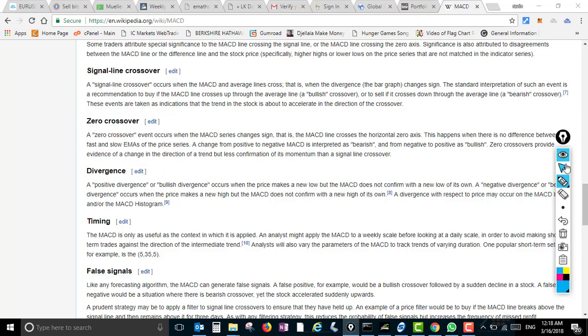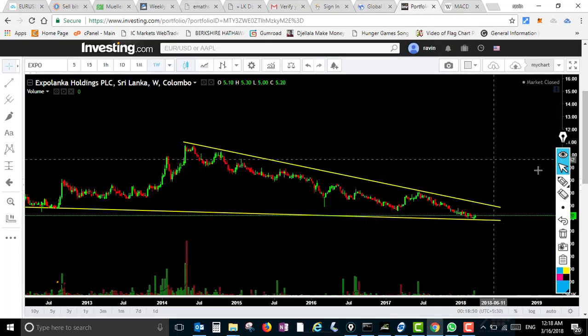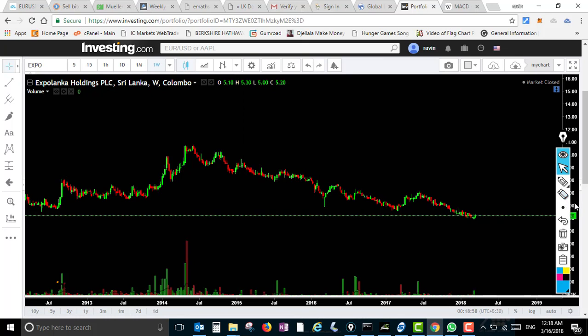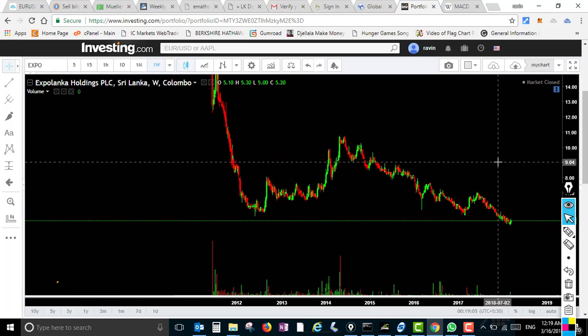We'll see what it is. For example, I will take Expo. First I delete these drawings. Expo Lanka PLC, and we'll see what is going on there.